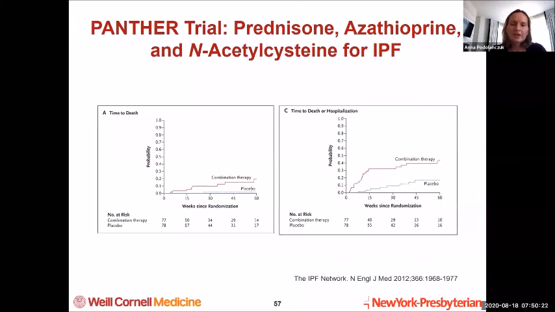And the reason I mention this and why it's so important is because this was the first large phase 3 clinical trial for IPF, and what it found is that patients who were randomized to immunosuppressive therapies died more and had more hospitalizations, more exacerbations. And so that immunosuppressive therapy in IPF is actually dangerous.